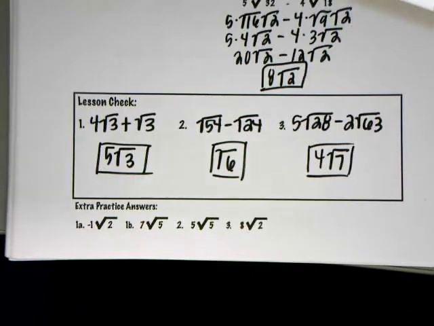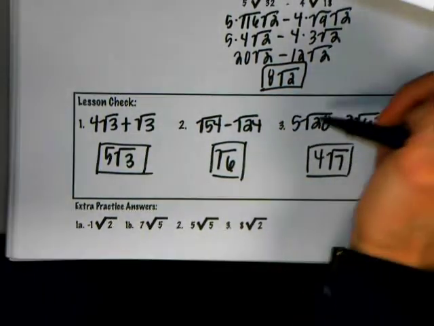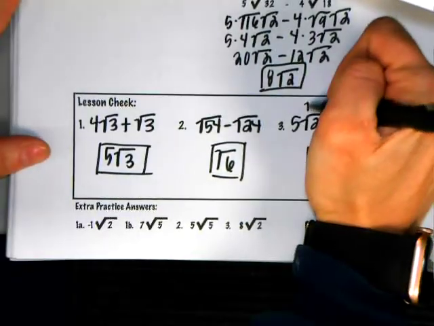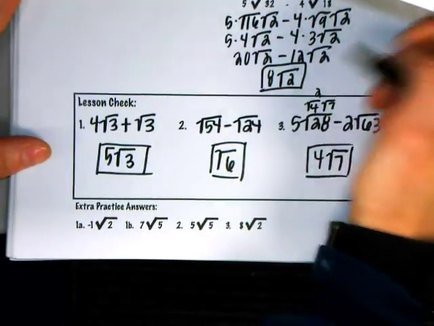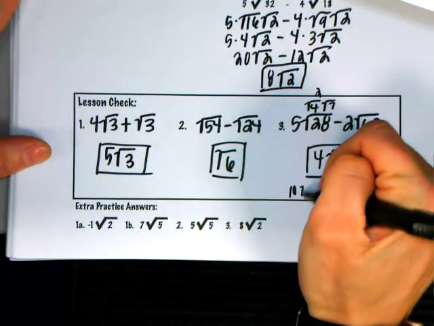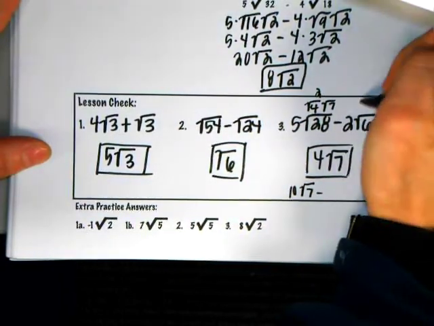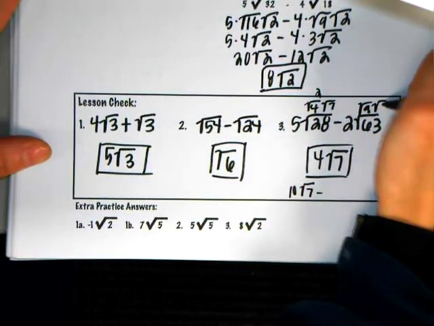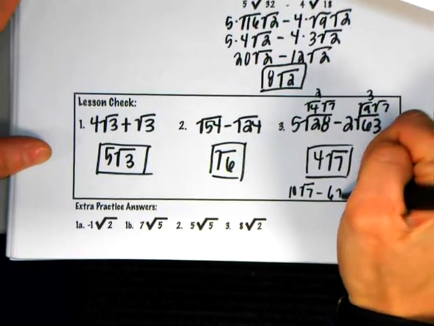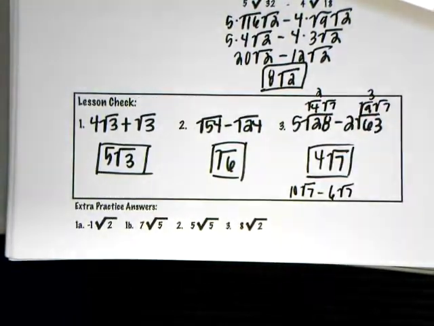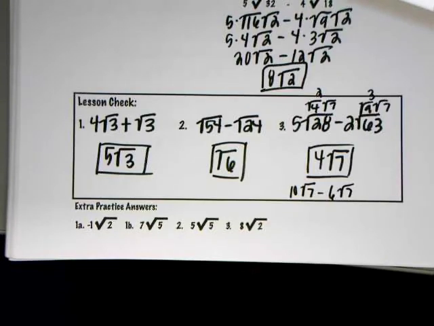Nope. Cool. Yeah, number 3. So this one you would break into 4 and 7, so that's 2. So that'd be 10 radical 7. Minus, and then 9 times 7, so that'd be 6 radical 7. Good?